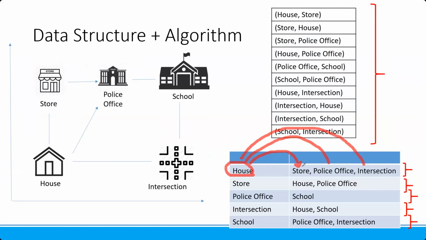If I know the best one, then I can select. Let's say house to store is the least distance. Then I can just choose store.